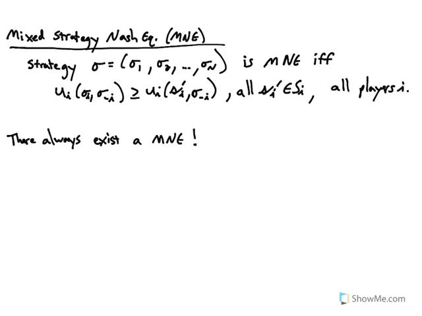Okay? And again, that includes pure strategies. So if you are looking at a matrix game and there's a pure strategy Nash equilibrium, well, of course, that is also a mixed strategy Nash equilibrium.